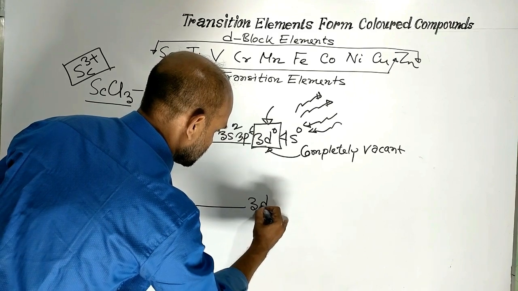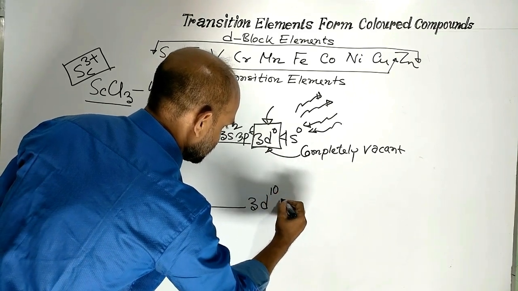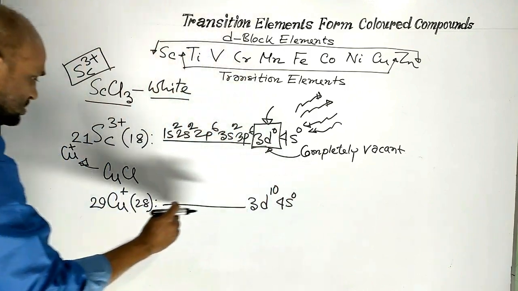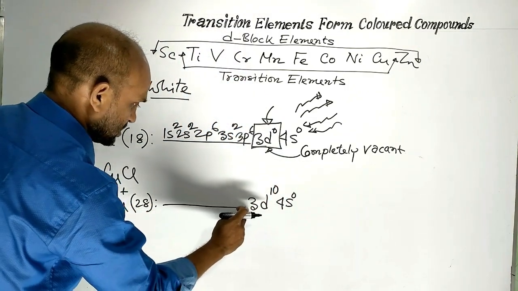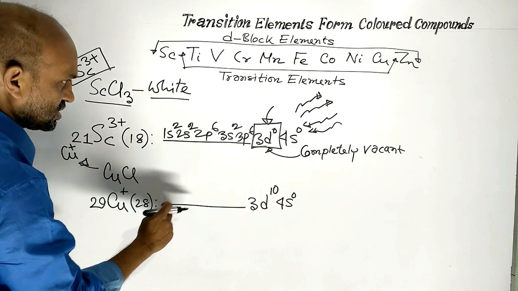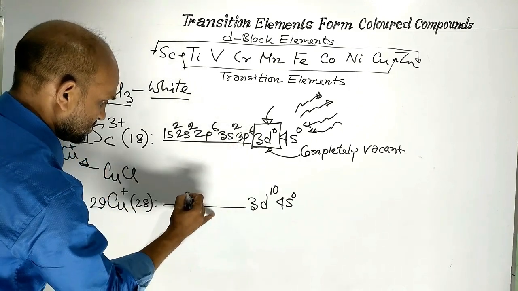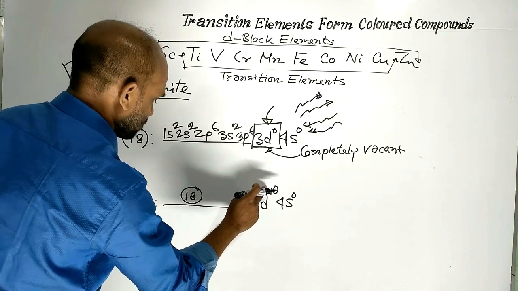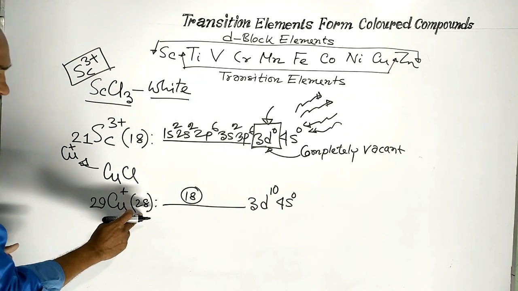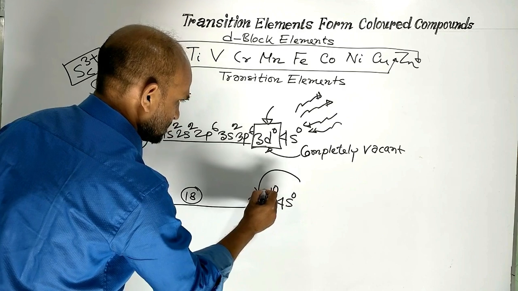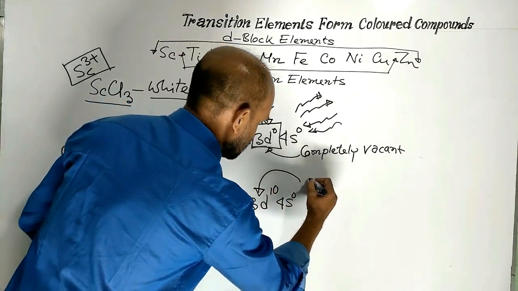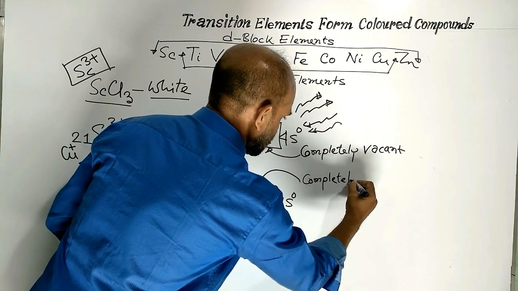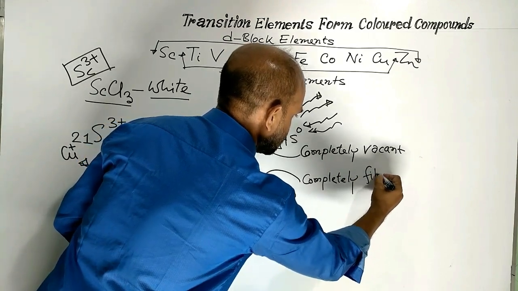Electronic configuration 3d10, 4s0. Up to 3p orbitals, 18 electrons, plus 10 electrons, so total 28 electrons. Here the orbitals are completely filled.